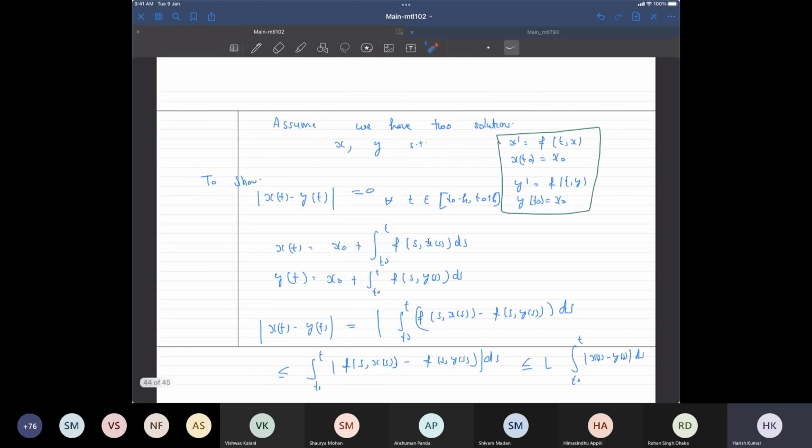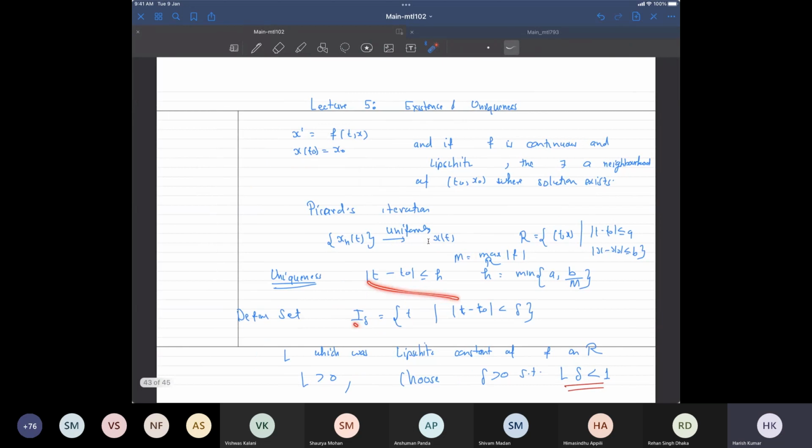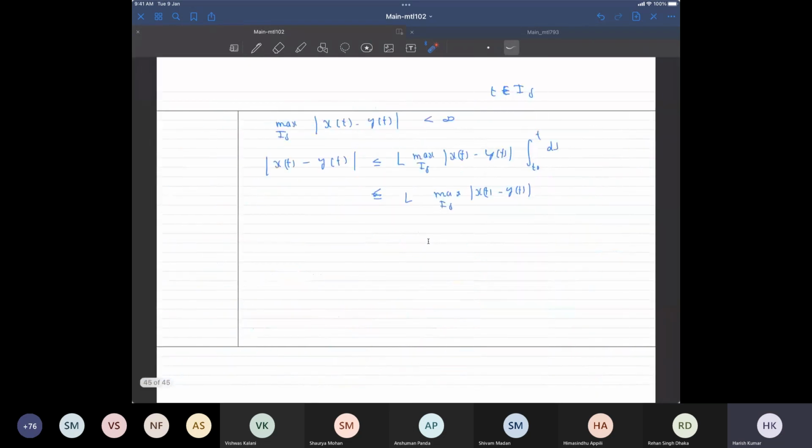Why? Because of the definition of I delta. I delta is chosen like this, and in particular L into delta is less than 1.